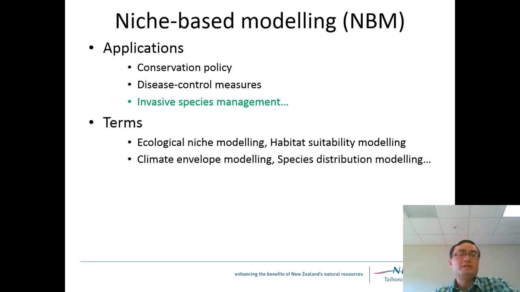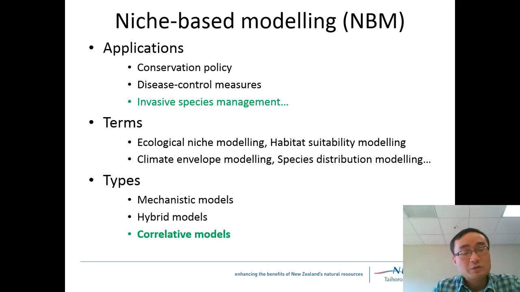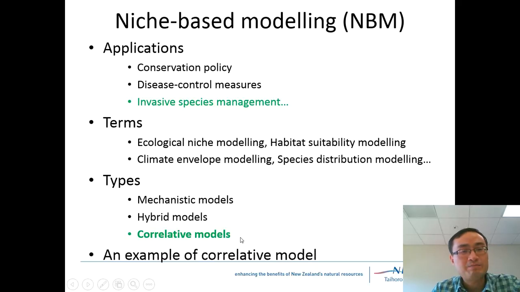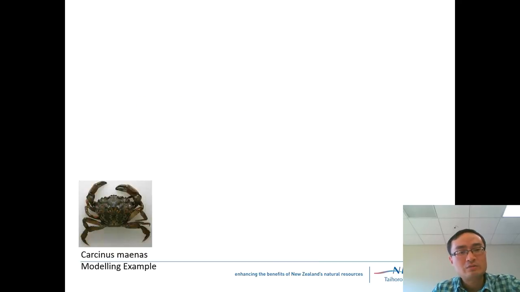Niche-based modeling also has other terms I listed here, which can be used interchangeably. Generally, there are three major types of niche-based modeling, but we will focus on the correlative models today. Let me give you an example of how correlative niche-based models work.